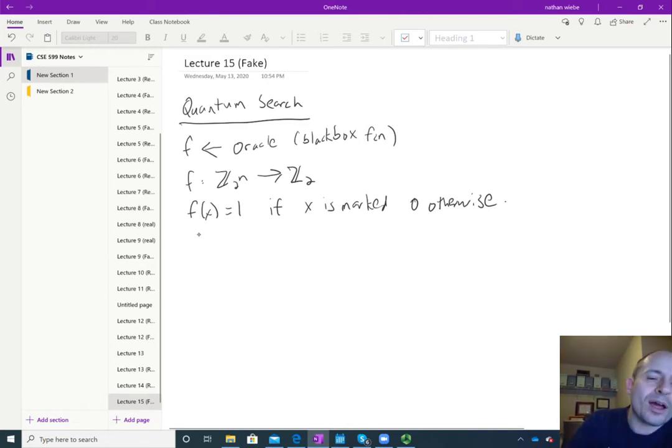So that is the definition of our black box function.